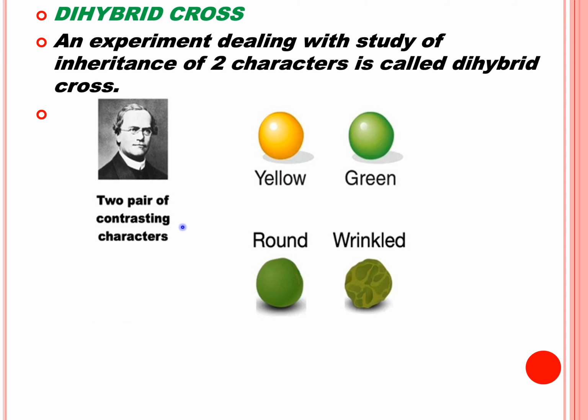Students, in the previous lecture, we have learned about monohybrid cross, in which we discussed in detail about inheritance of a single character, the breeding experiment conducted by Mendel to explain the laws of inheritance.